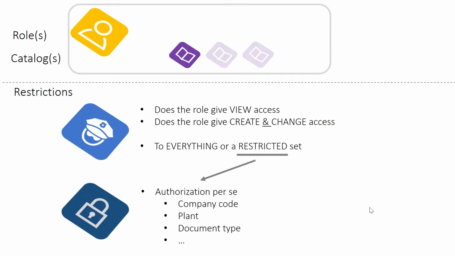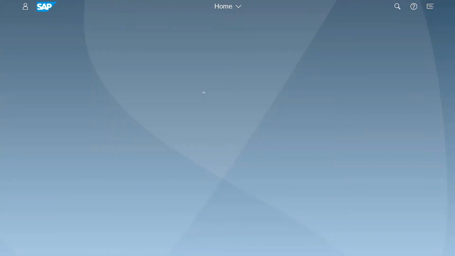So now we'll jump on to the system and see how this all works together. Okay, so we are now back in the S/4HANA Cloud system, and what we are currently looking at is my Fiori Launchpad, which is looking rather bare and empty. And the reason for that is because no roles have been assigned to my user as yet.